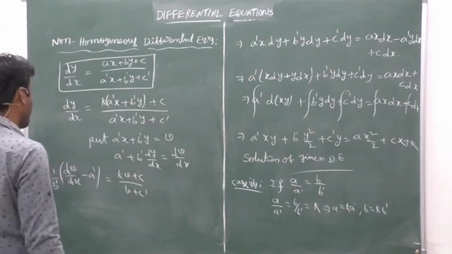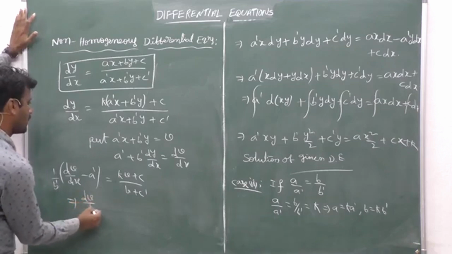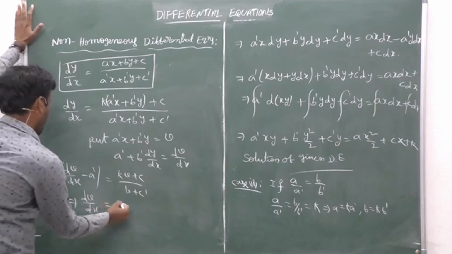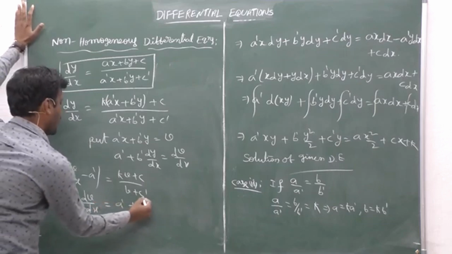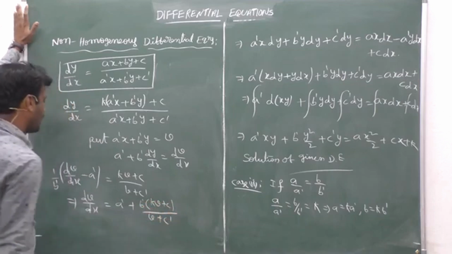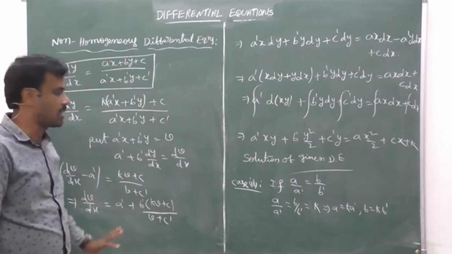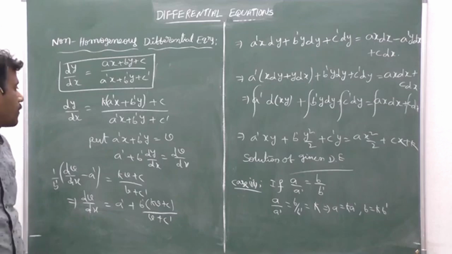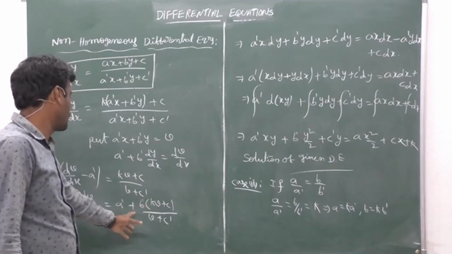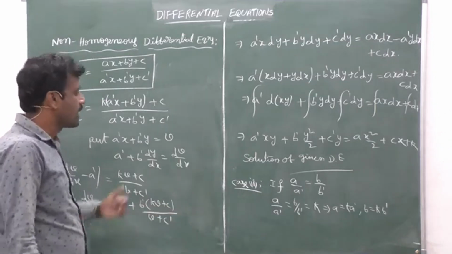That implies dv by dx equal to (a dash plus b dash into (kv plus c) by (v plus c dash)). Next is the variable separable method. From this onwards, only v terms, there is no x term, therefore dx into 1, remaining terms. That is case 2.